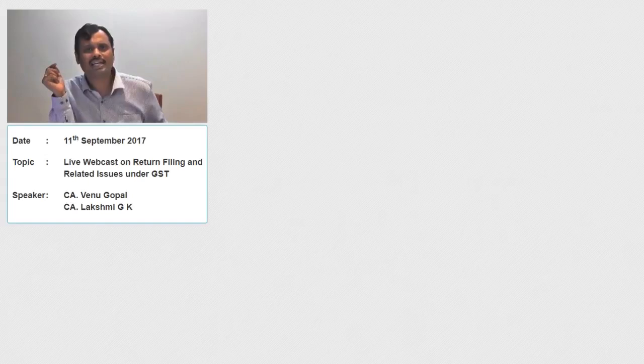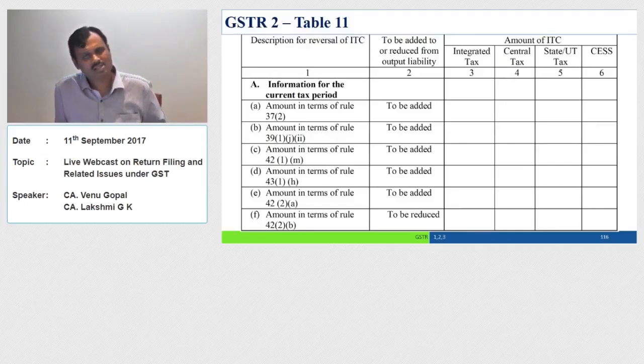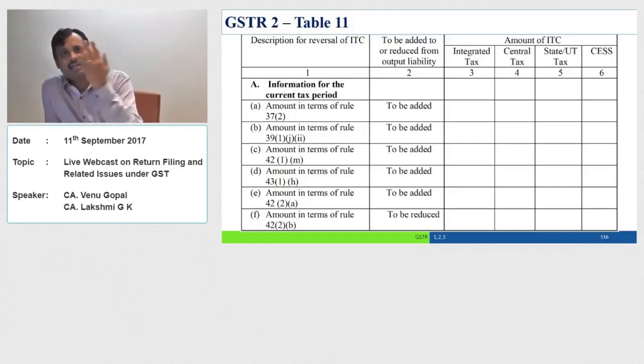This is one critical table where you will be manually adding your liability for various reasons, or reducing your liability. Now, why am I using the word liability when it is coming towards input tax credit or your GSTR 2? The example I gave earlier: the common credits are taken as eligible credit upfront, taken to your credit ledger, and you are enjoying the credit fully.